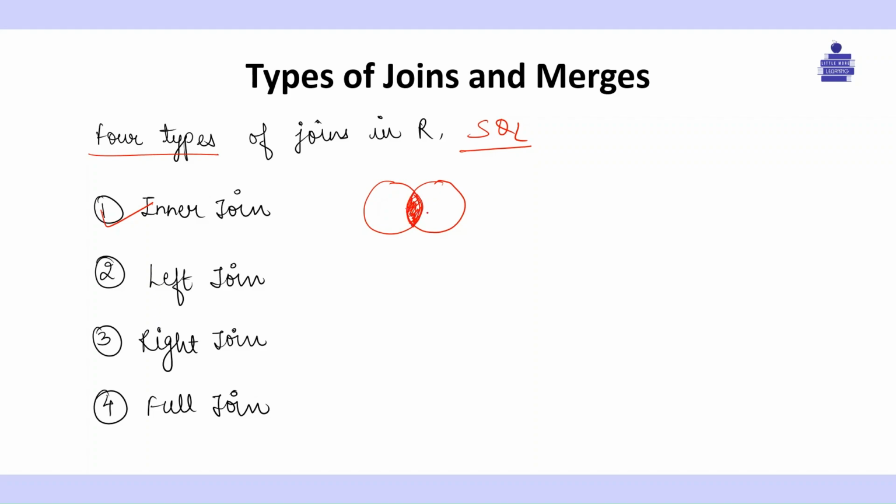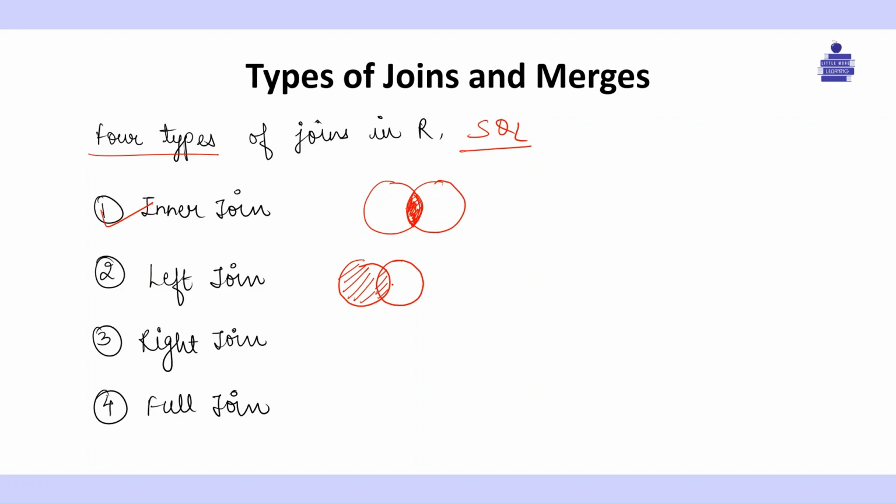Next is left join. Left join returns all rows from the left table and matching rows from the right table. Considering 2 data sets, and this is the left table, it gives all the rows of the left table and the matching rows from both the tables.